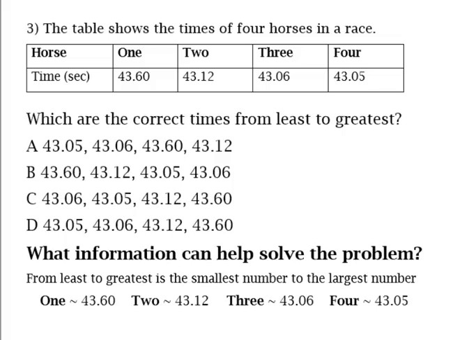We need to know the horses and also what times each horse has. So if you look at that last line at the bottom, all we did was put each horse and also their time. The line right above it, we also need to know this information as well. We want to know the times from least to greatest, which means the smallest number to the largest number.